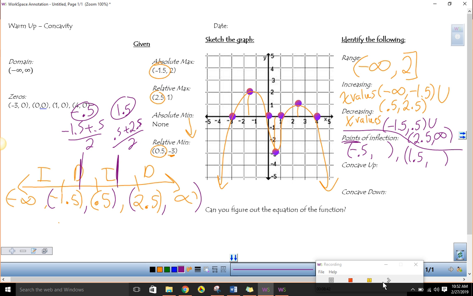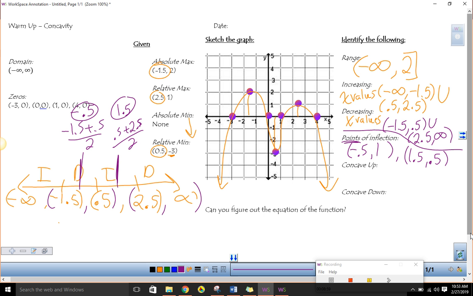So at negative 0.5, 1 is fine, somewhere around the 1 area, and then at 1.5, we're up here, I don't know, 0.5, something like that. When you actually have an equation, you're just going to plug the x value in and tell me what the y value is. You just don't have that luxury right now.